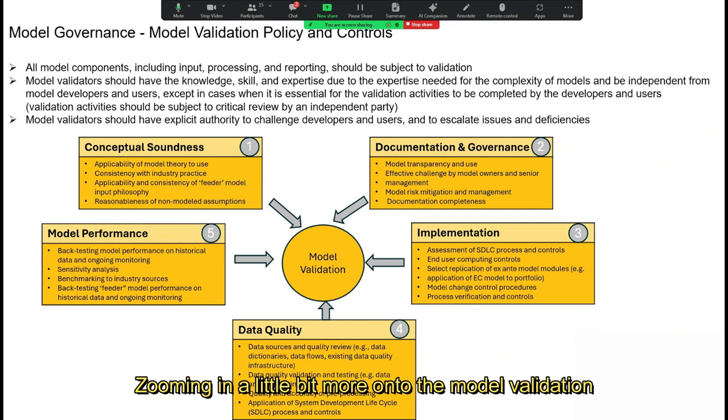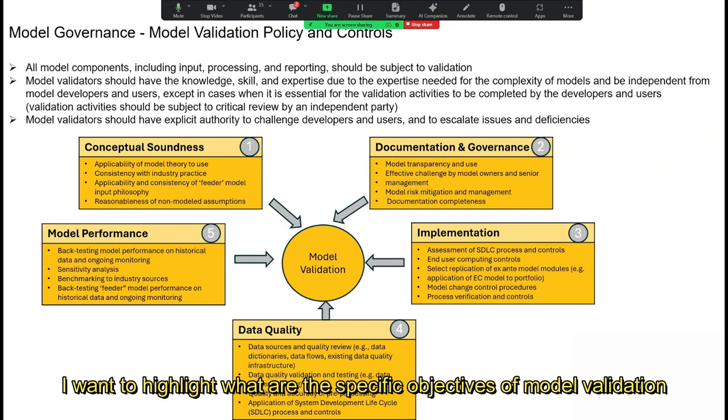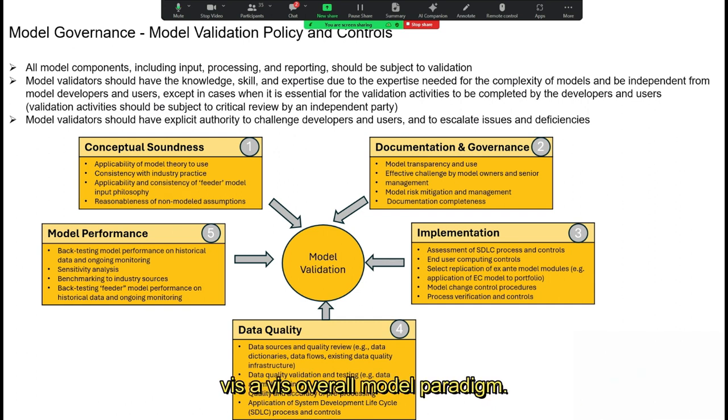Zooming in a little bit more onto model validation, I wanted to highlight the specific objectives of model validation vis-a-vis the overall model paradigm. Model validation focuses on five distinct aspects.